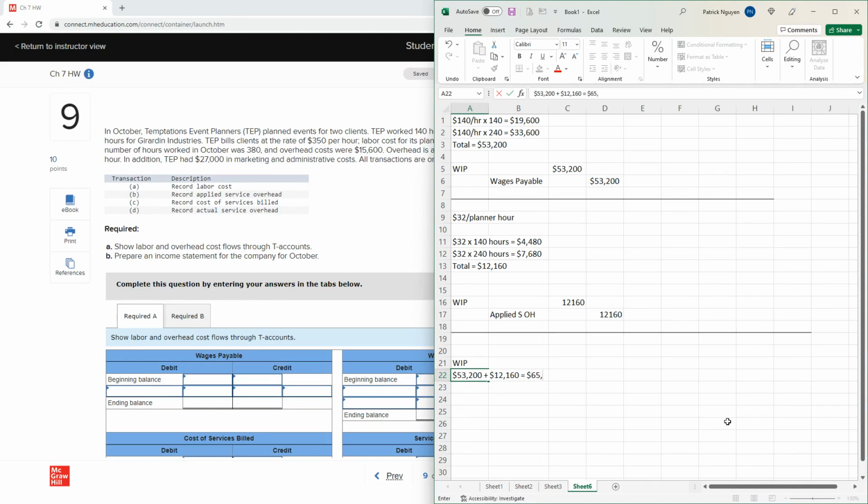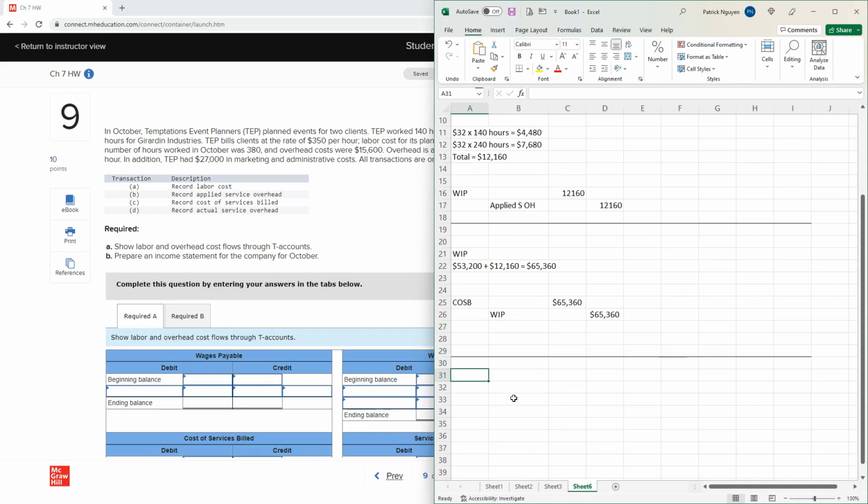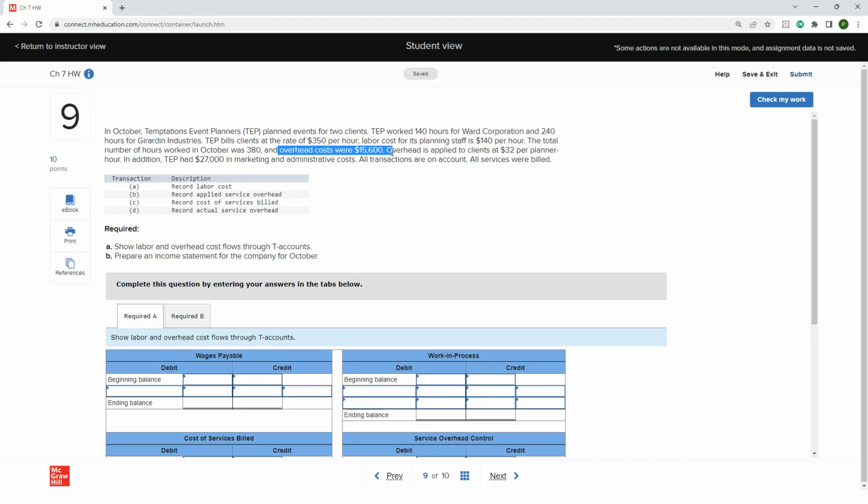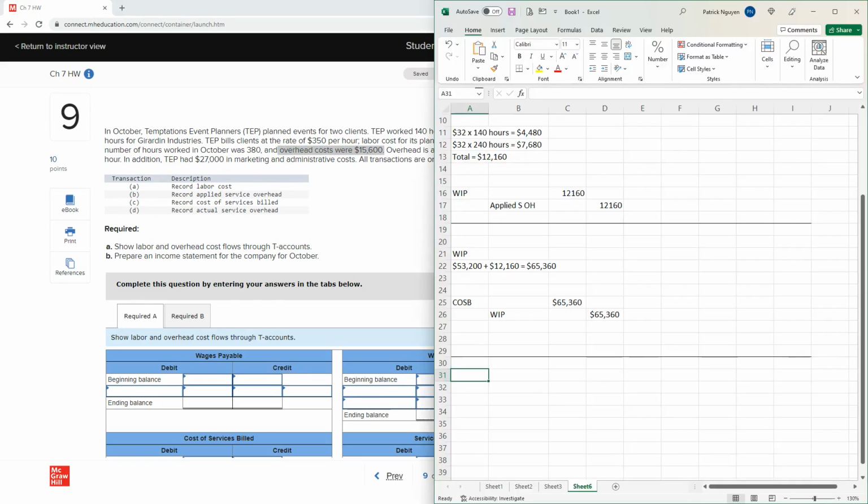And then for part D, it's to record actual service overhead. The fact pattern tells us up here that overhead costs were $15,600. So we're going to debit service overhead control by $15,600. Now the fact pattern doesn't tell us how we paid for it, if we paid in cash or put it on account.